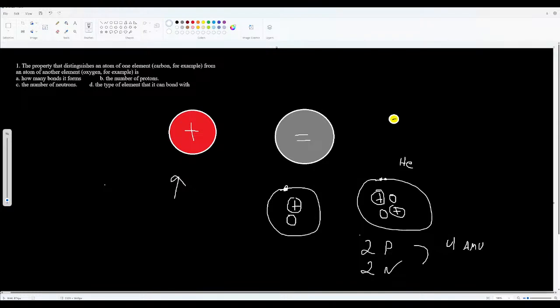I'm sure some of you may be asking, what about electrons, right? Electrons are so small. Imagine how tiny a proton is, right? An electron is a tiny fraction of the mass of a proton.